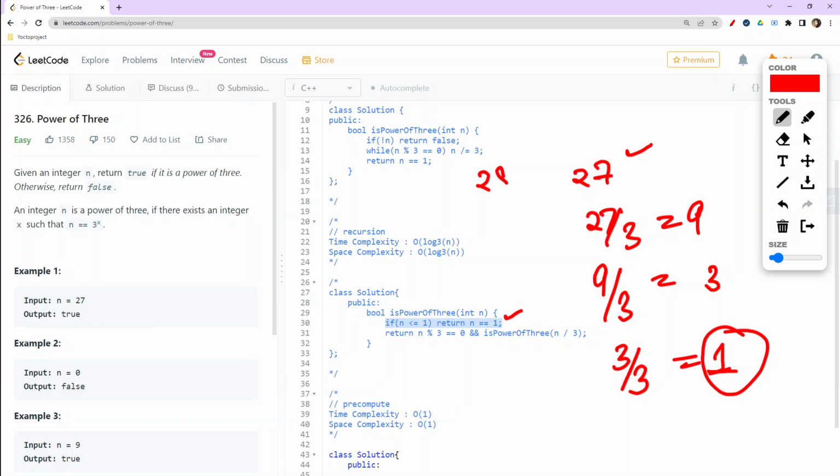If we take the other way around, if we say 28 and divide it by 3, then first thing is that it won't be divisible. So 9 point something would be there, right? Then again we will be dividing, then it would be something like 3 point something, which I will be dividing again, and then 1 point something would be there.